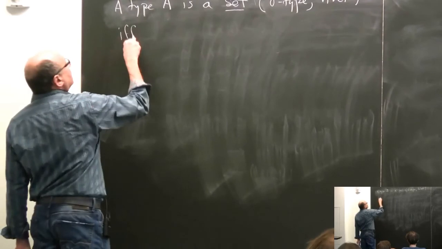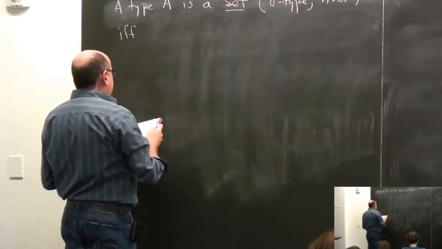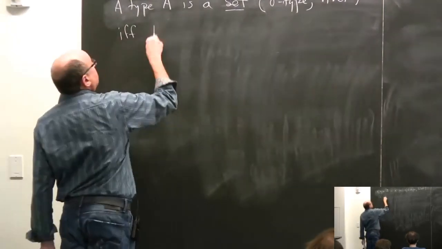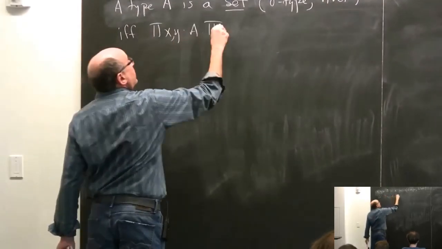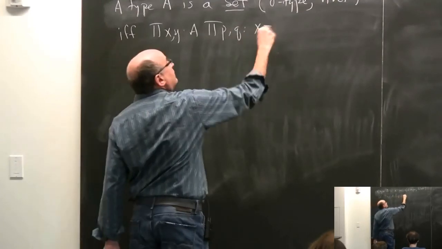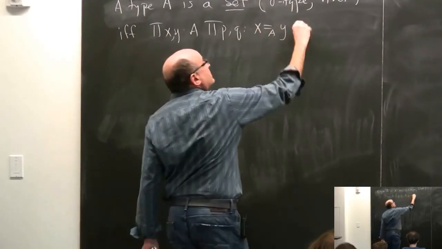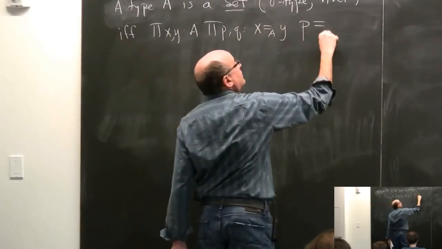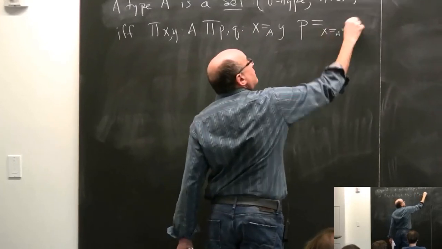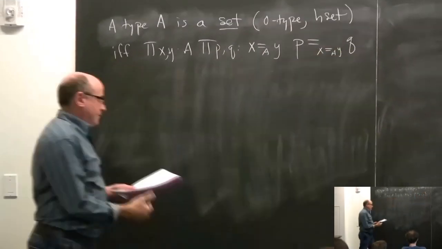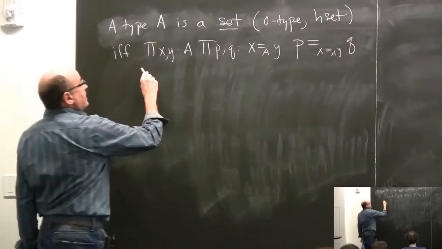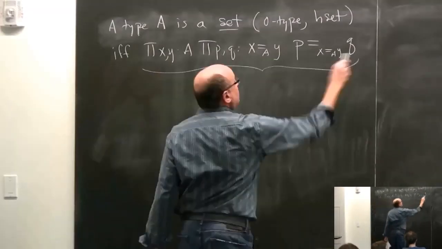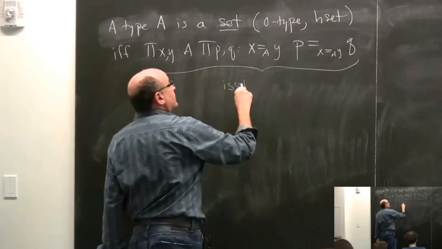Okay, if and only if we take any x and y in A, and we take any two reasons why they're equal, those reasons are themselves equal. That's the setup. So this type here could be taken as the definition of is set of A.